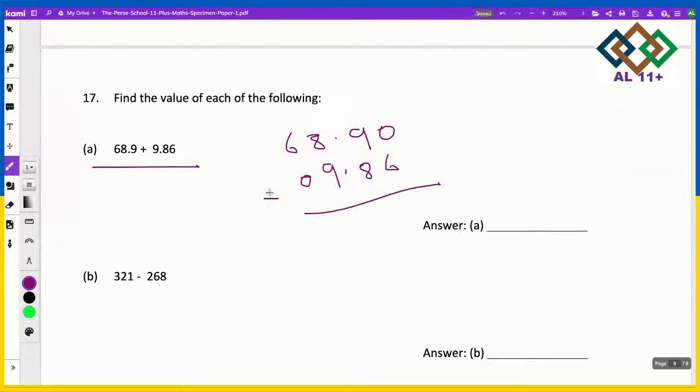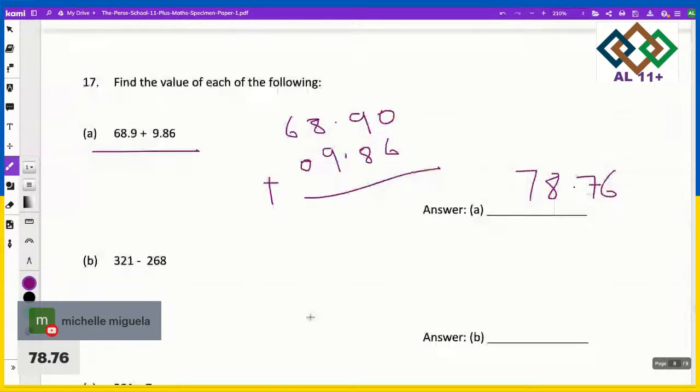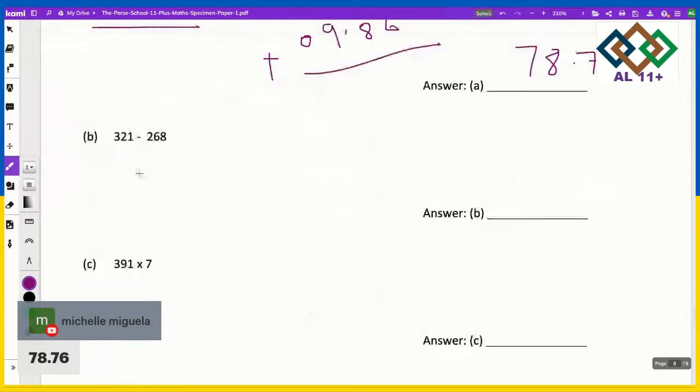And remember that you're adding them up. Don't try subtracting them. So you'll add them up and you'll get the answer 78.76.